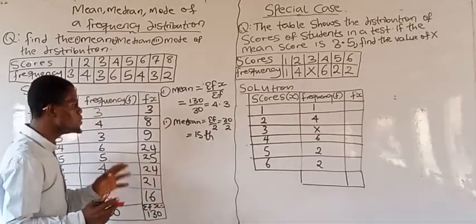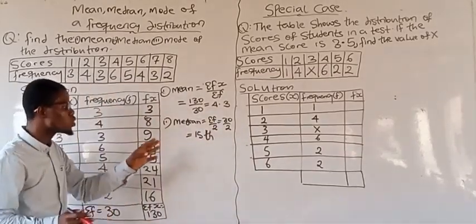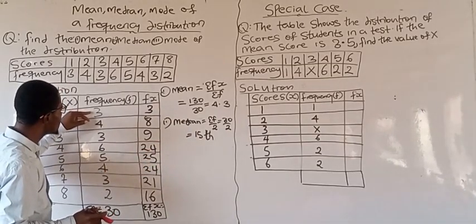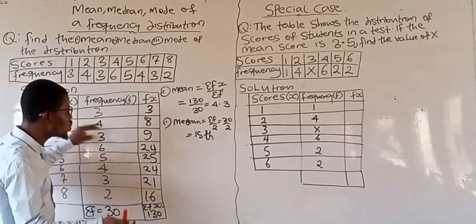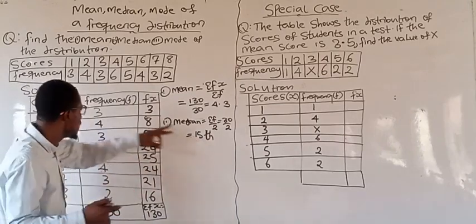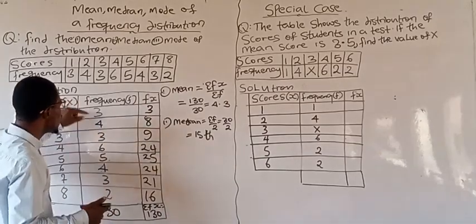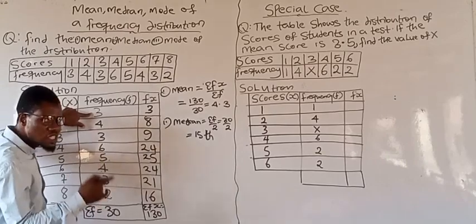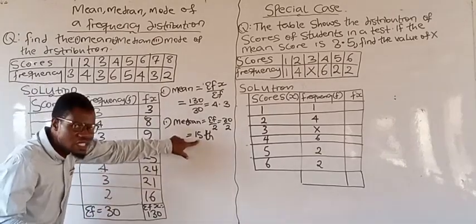So how do we now get the median? What I'm going to do is keep adding the frequency cumulatively till we get to the 15th class. Let me repeat myself: you continue adding your frequency cumulatively till you get to the 15th class.